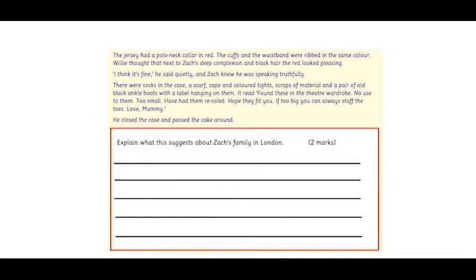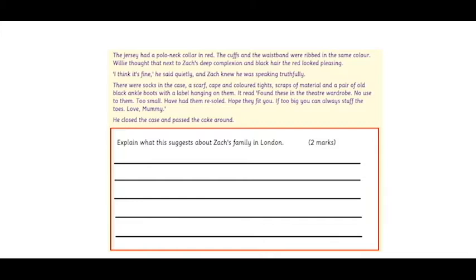So, my turn. I want you to listen carefully and think about what tips you can gauge from how I'm answering the question. The jersey had a polo neck collar in red. The cuffs and the waistband were ribbed in the same colour. Willie thought that next to Zach's deep complexion and black hair, the red looked pleasing. "I think it's fine," he said quietly. And Zach knew he was speaking truthfully.